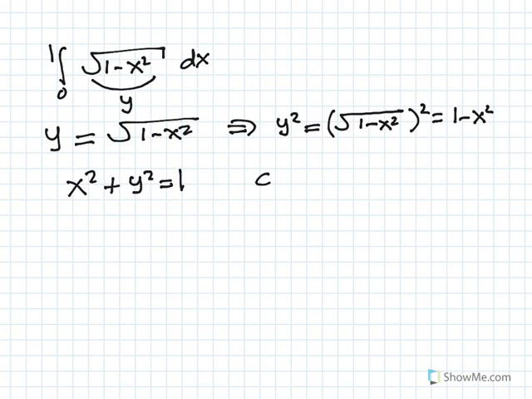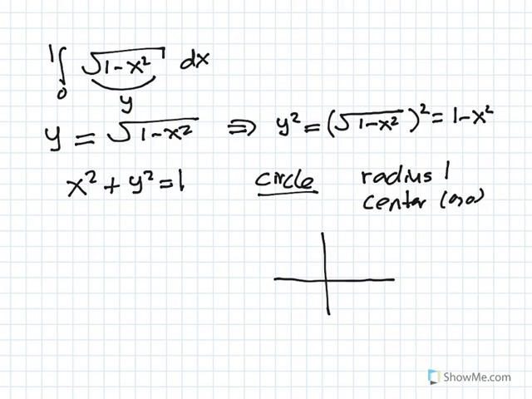This is the equation of a circle with radius 1, and center at the origin. So if we draw a diagram, here's the top half of a circle, which is y is equal to root of 1 minus x squared. And we're integrating from 0 to 1. So we're finding the shaded area of a quarter of a circle.